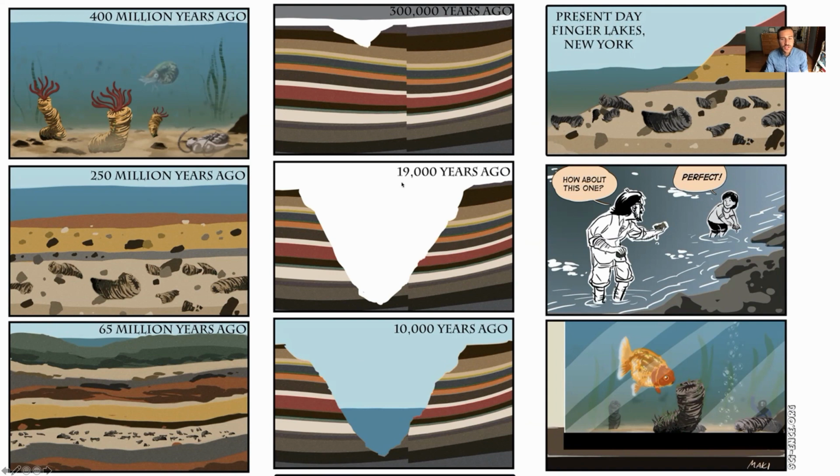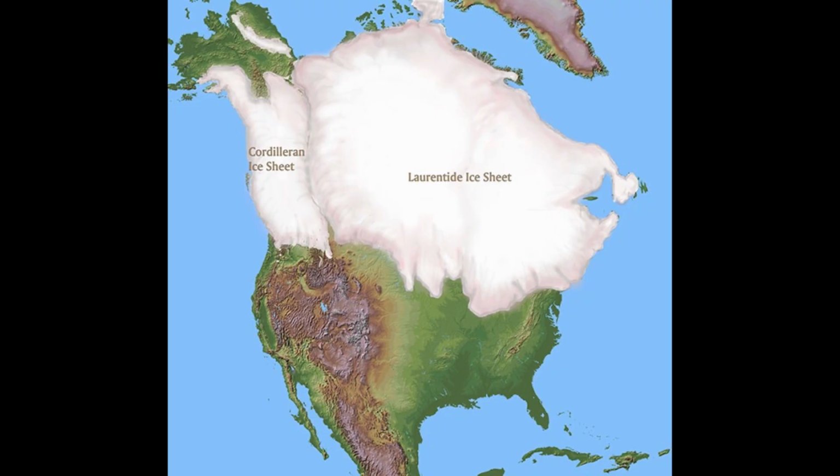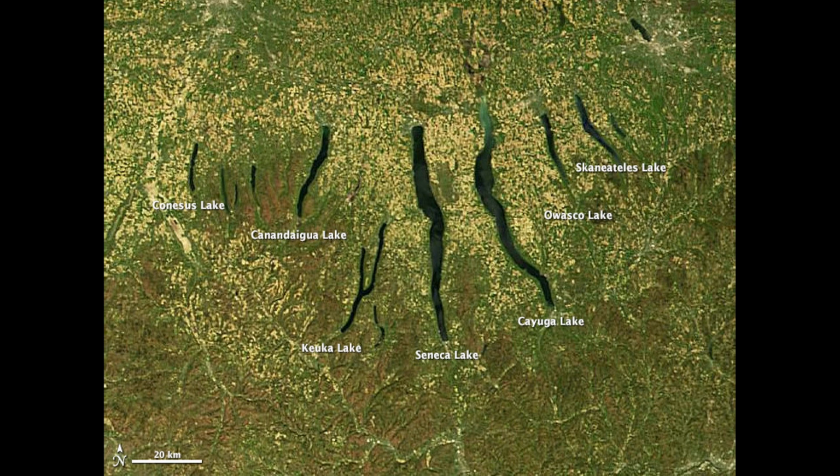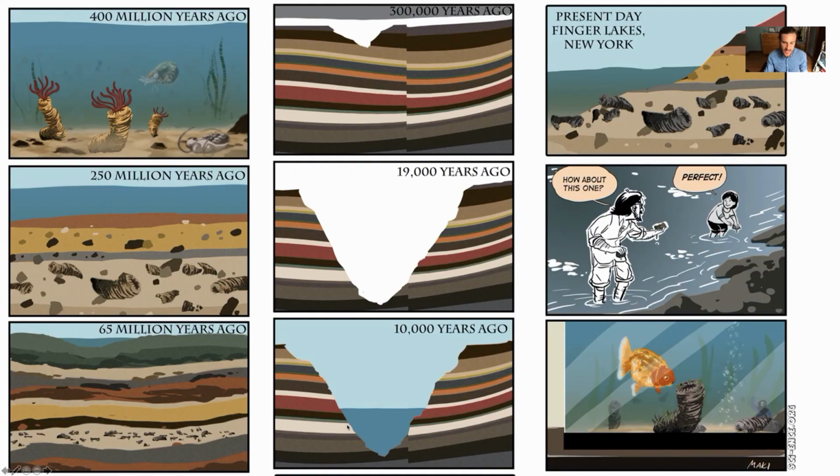We have fractures caused by glaciation, right? So 19,000 years ago, we have these glaciers moving up and down, receding and moving forward, scouring the land, and they revealed these different layers of rock. 10,000 years ago, we have the melting of those glaciers, and that's what gave us the Finger Lakes. The scouring and then the melting of that ice into fresh water is what allows the Finger Lakes to exist.